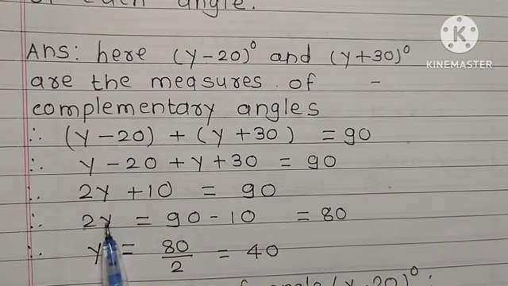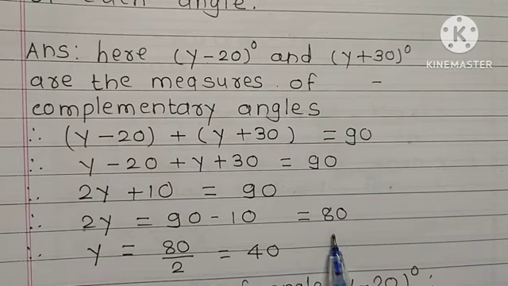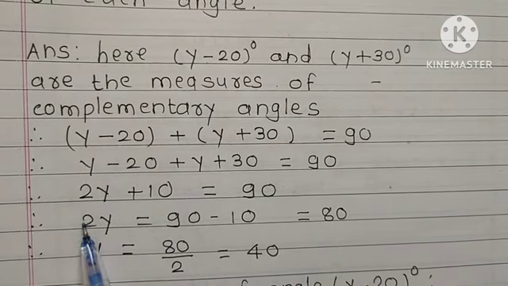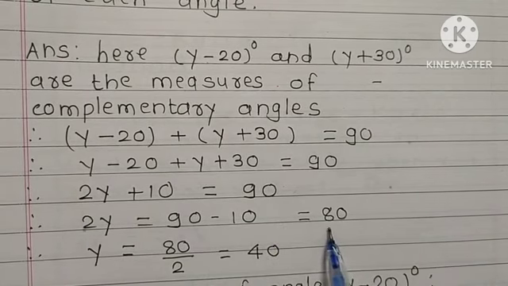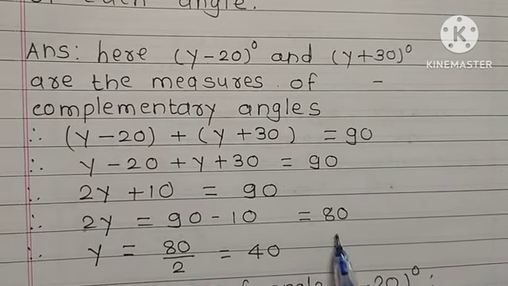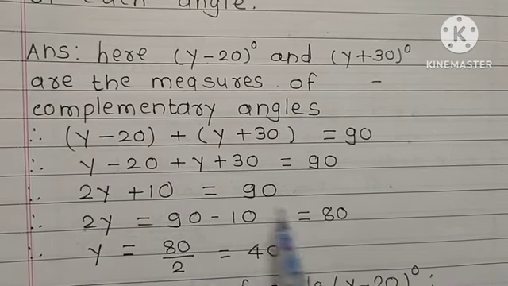That means if you want to find the value of y, you should divide this 80 by 2. That means taking this 2 to the denominator, not to the right side, but the denominator, because here 2 is multiplied. Multiply means divide.